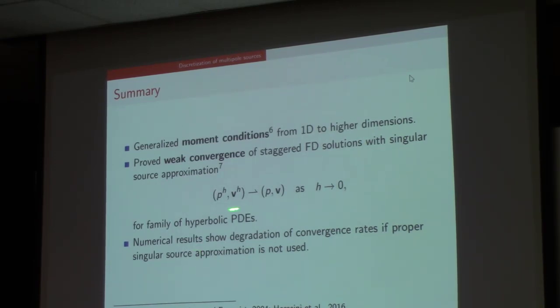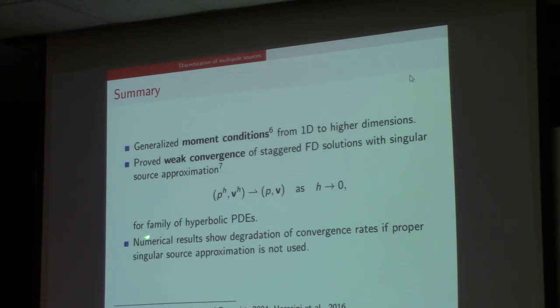Given that we're dealing with distributions, we really have to talk about weak convergence and not convergence in a point-wise sense. So we developed this concept of weak convergence, and we showed convergence for some cases. The rates of convergence were suboptimal, and we conjecture better results given some of the numerical results we observed.